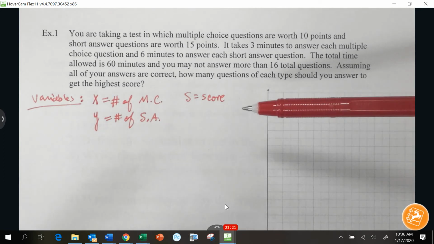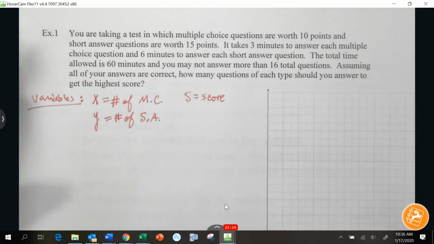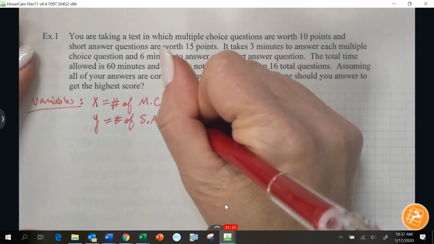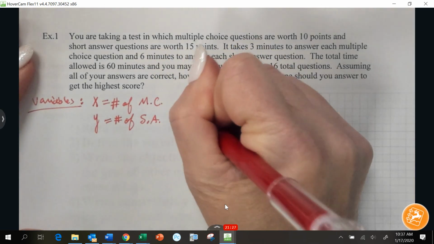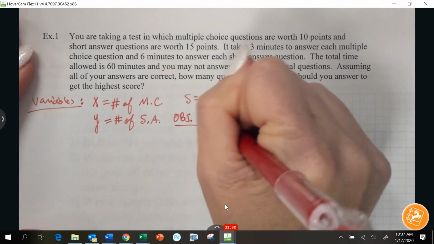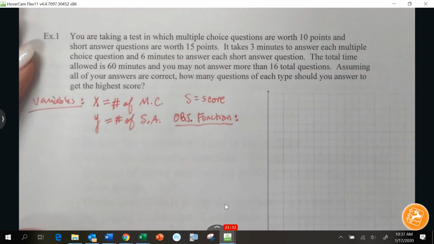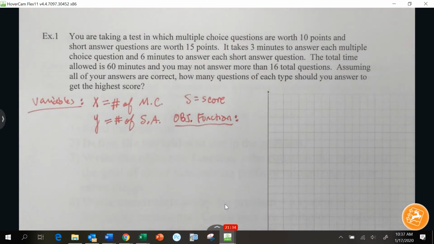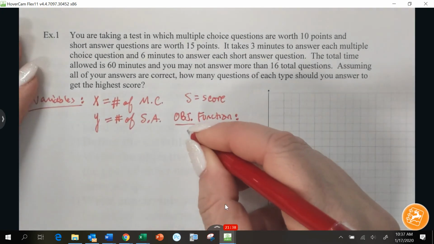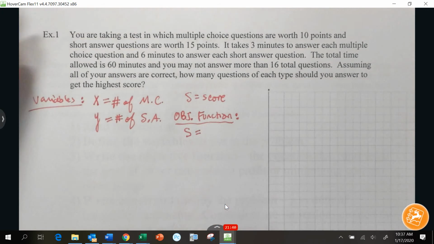Okay, so next we write the objective function. Ultimately, if you're taking a test, you want to get the highest score, right? So our objective function is how do we get the highest score? S, how do we get any score?